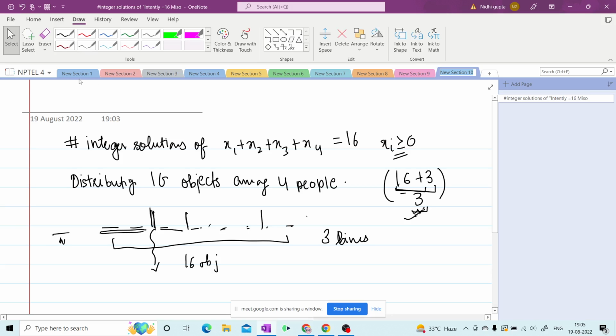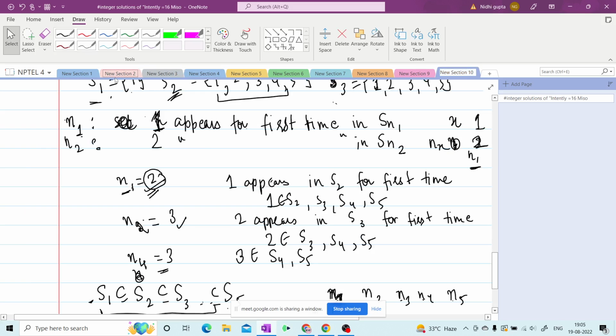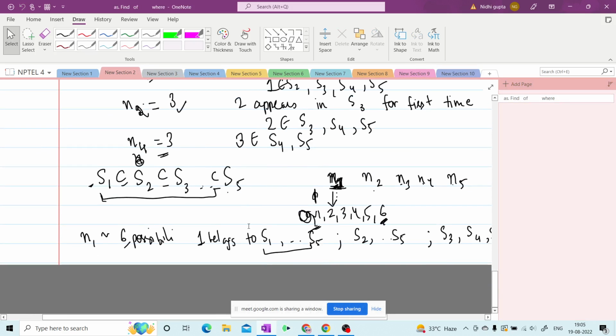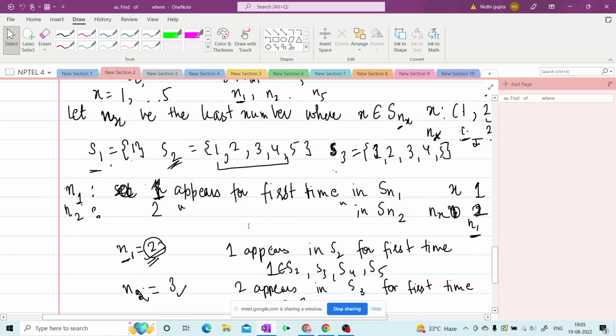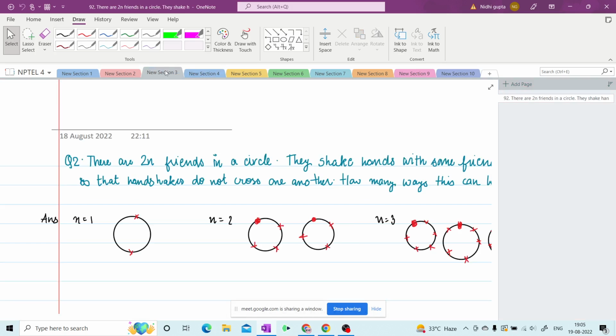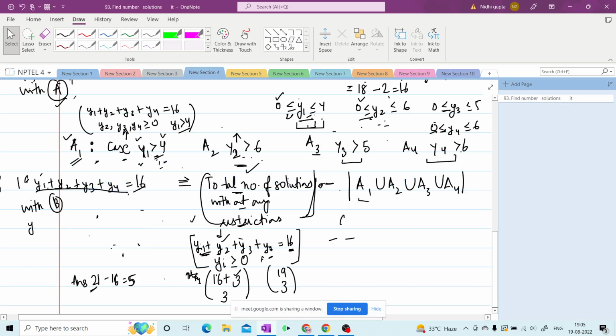So without any restrictions, the total number of solutions was 19 choose 3. Is it fine? Why is that the answer without any restrictions?